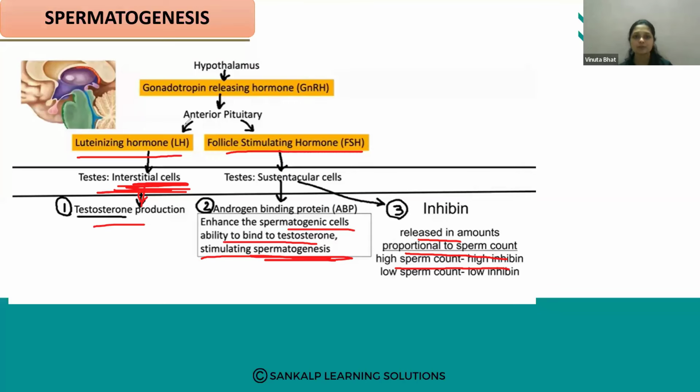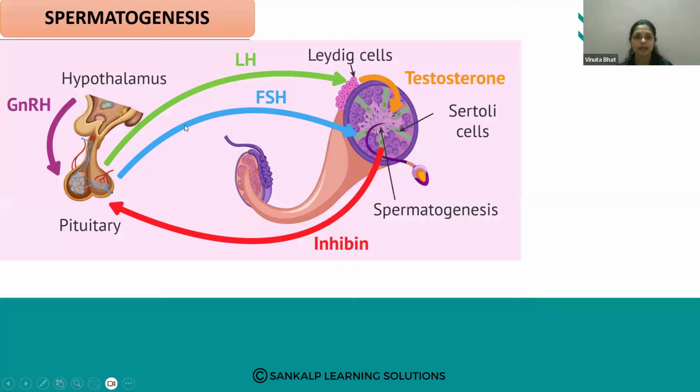Here it is explained through the diagram. The hypothalamus releases the gonadotropin releasing hormone, and that stimulates the anterior pituitary, which releases the hormones FSH and LH.